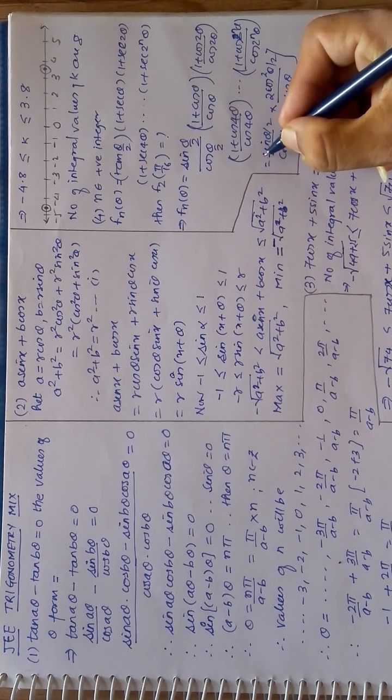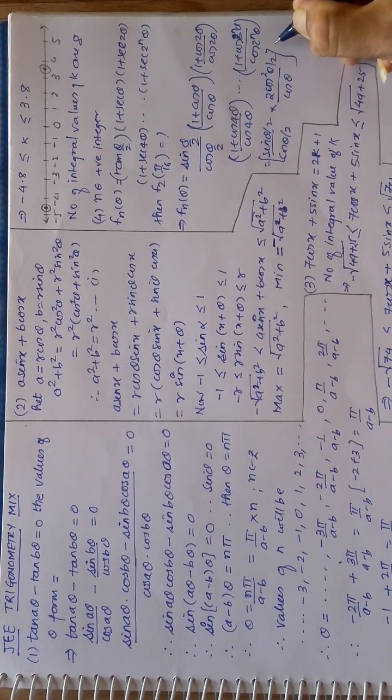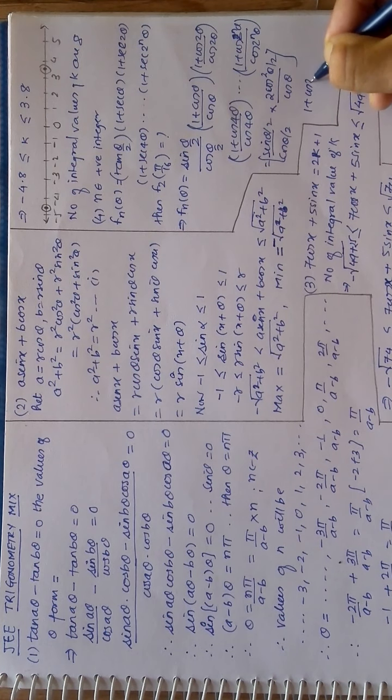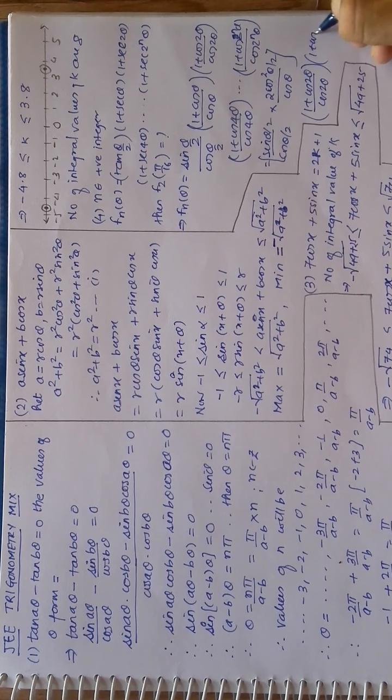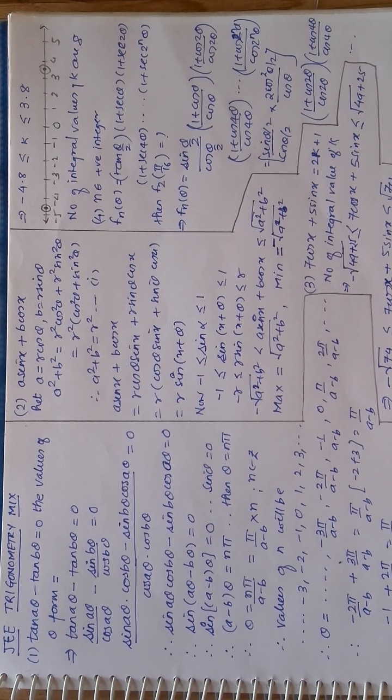Agreed? This is the first two parts, and the remaining part remains same: (1 plus cos 2 theta) upon cos 2 theta into (1 plus cos 4 theta) upon cos 4 theta, and so on. Please write the question down so that you can understand it properly further, because now it will not be visible. I am just moving the page ahead.